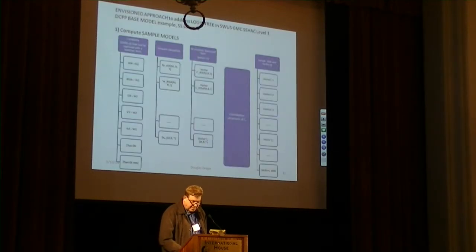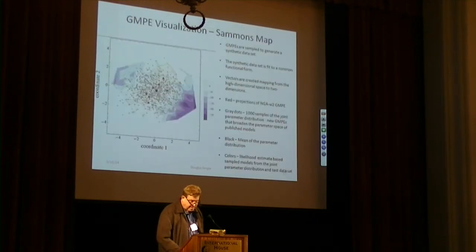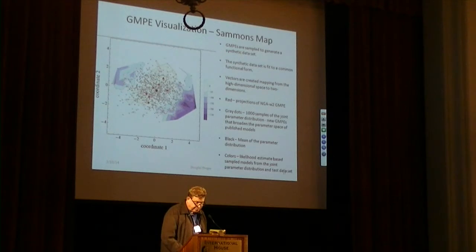So what you can do then is, with the correlation structure, you can randomly sample the fit parameters and then develop a sample set of perhaps 1,000 new GMPE models. And you can plot this in the Sammon space.